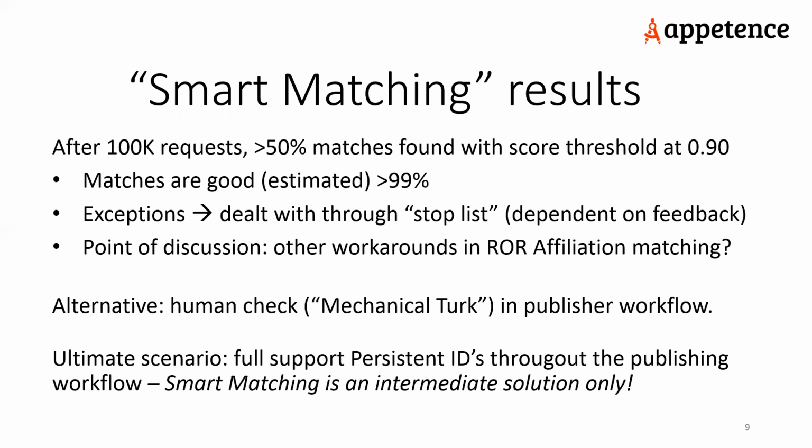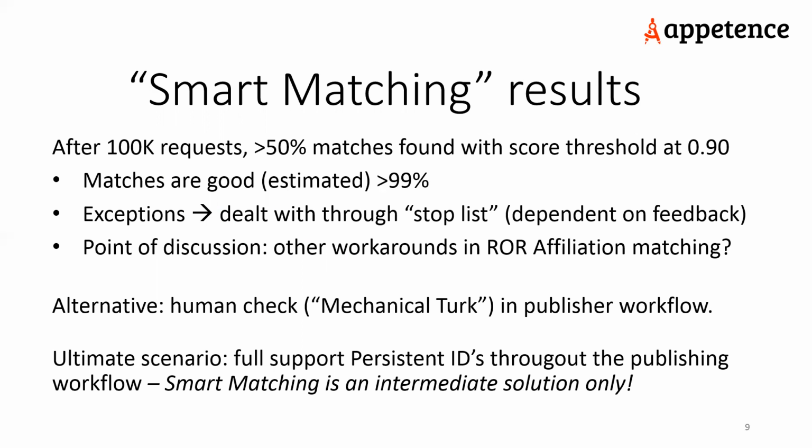But unfortunately, we also have to deal with the exceptions. I gave the exception of Erlangen. So at this time, we deal with that through a stop list. Unfortunately, again, that's dependent on feedback. So we are dependent on Erlangen telling us that they're getting messages that they're not supposed to get. And then we can add it to the stop list.